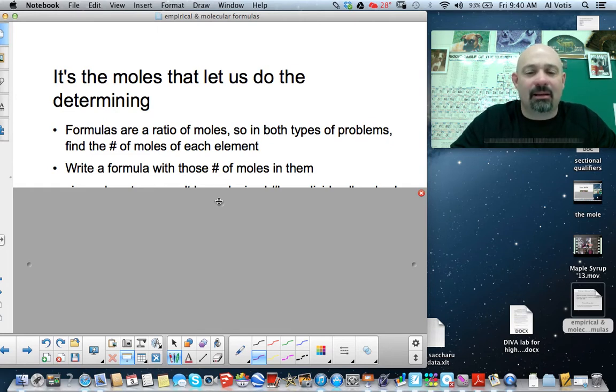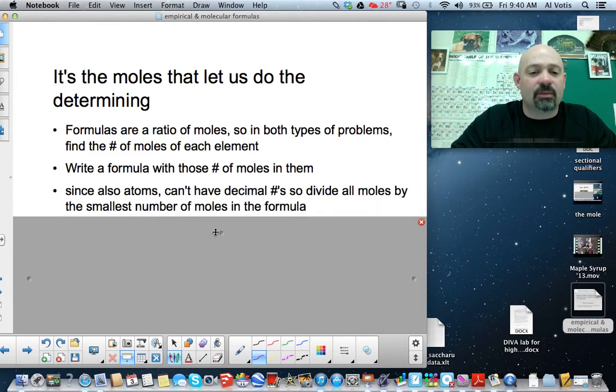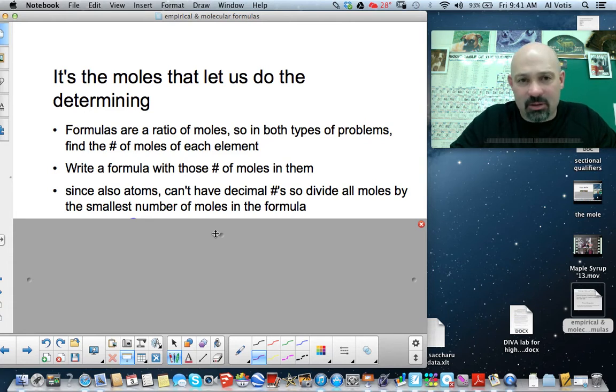Okay, I find out how many moles I'm given, whether it's from grams or from my percent composition. Once I have the moles, since the formula also tells me the number of atoms, I can't have decimal numbers of atoms. So to get rid of those decimal numbers of atoms, we're going to divide all the values of those moles by the smallest value.